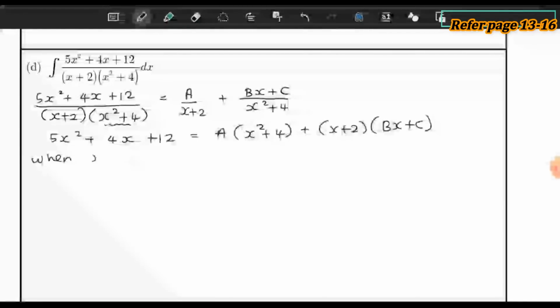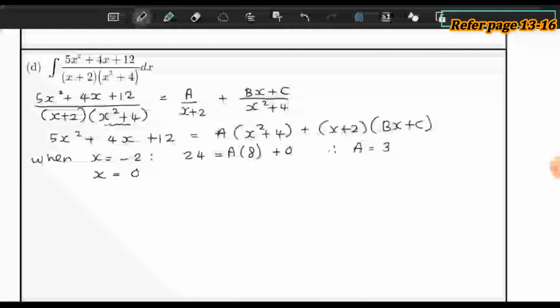When x equals negative 2, we substitute. We have 24 equals a times 8. Negative 2 squared is 4, plus 4 is 8, and the next term equals 0. Therefore, a equals 3.